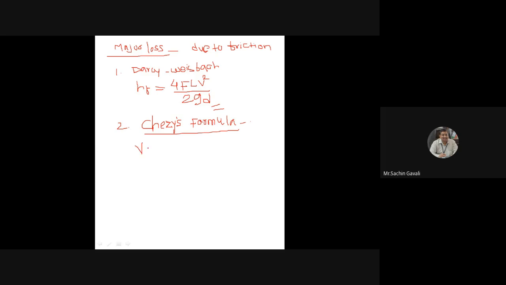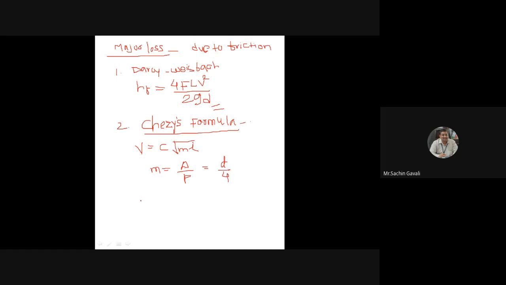V is velocity, C is Chezy's constant, into square root of m into i, where m is the hydraulic mean depth or hydraulic mean radius. What is the formula for that? It is area divided by perimeter of pipe, and generally it is equal to d by 4.